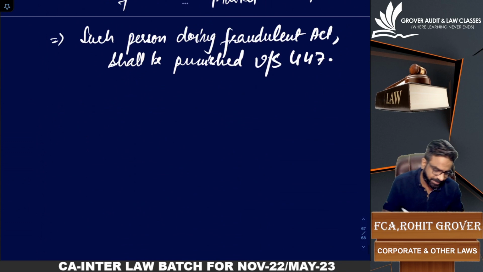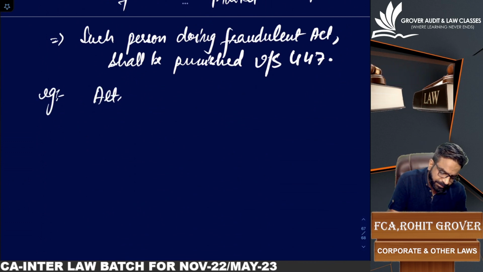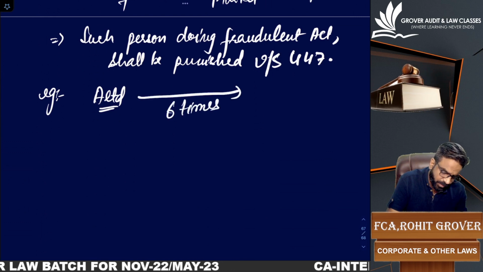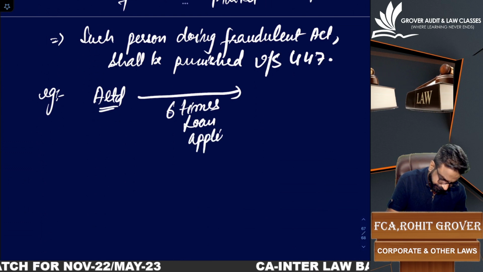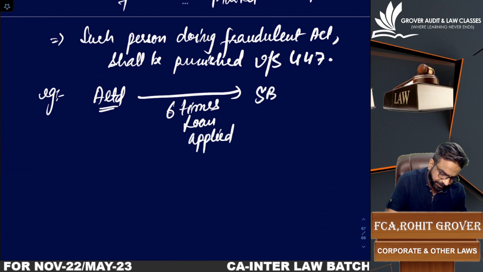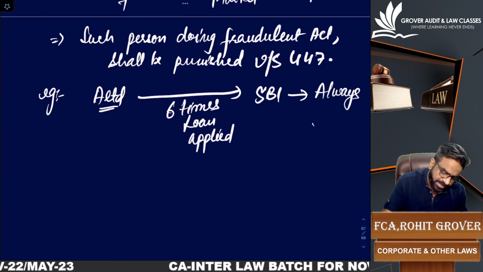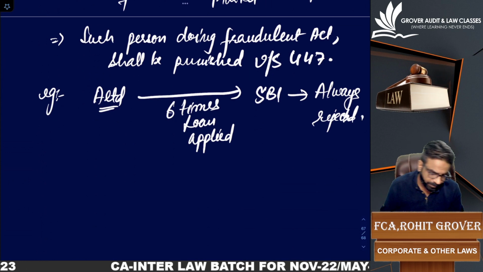Now, let's take this example. There is one A Limited. A Limited applied 6 times for a loan to SBI. SBI always rejected their loan.